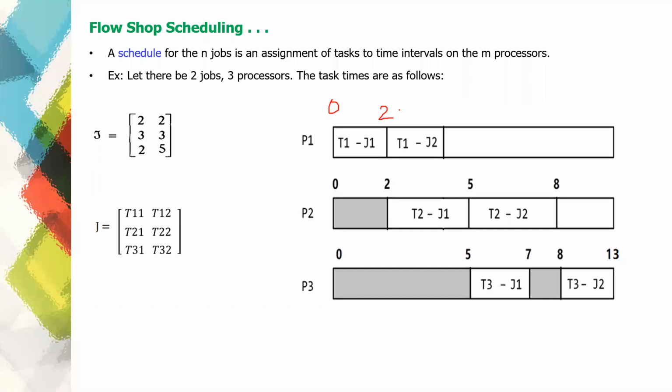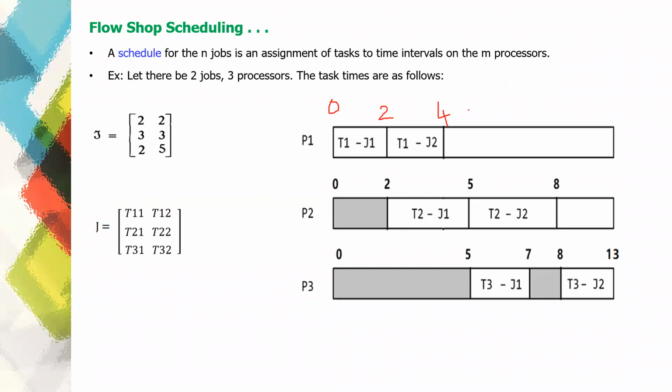Then task 1, job 2. How much time will it take for execution? It is T12, which is here. Again, it is taking another 2 time units, so I'm writing here 4. This is the schedule for executing task 1. First I have scheduled job 1, then job 2.